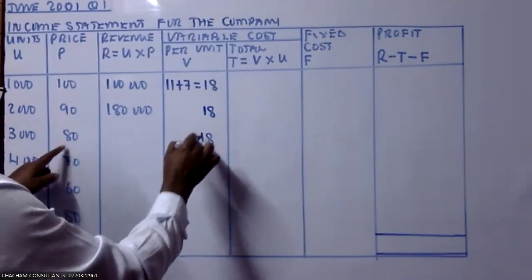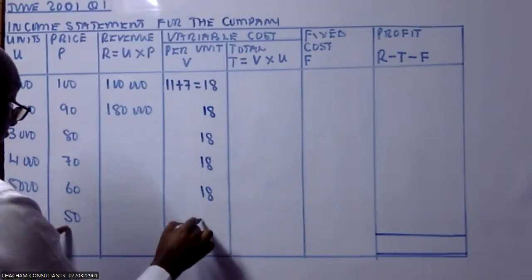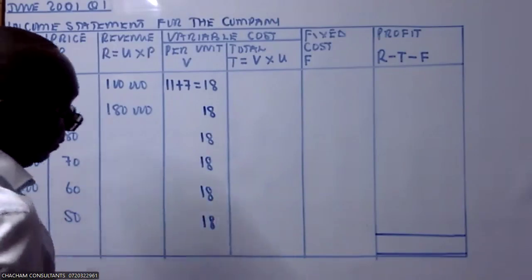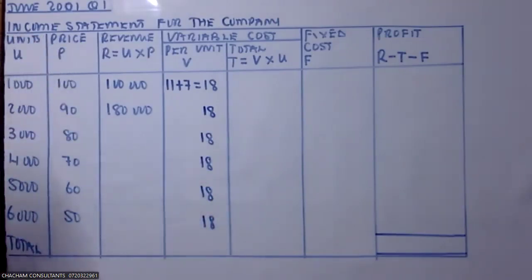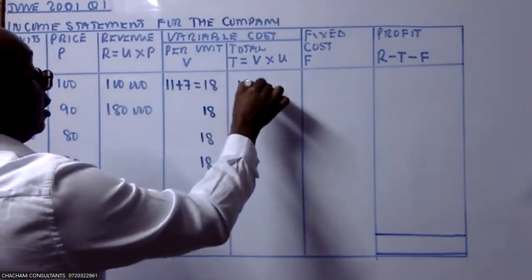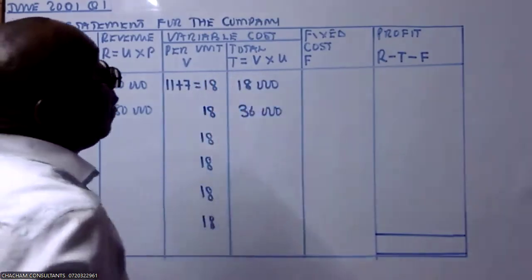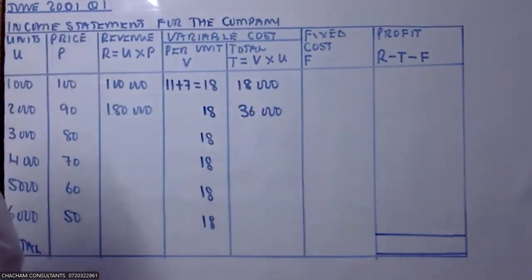So this now will be 18. This will be 18. So that now this is 18,000. This is 36,000. The fixed costs.